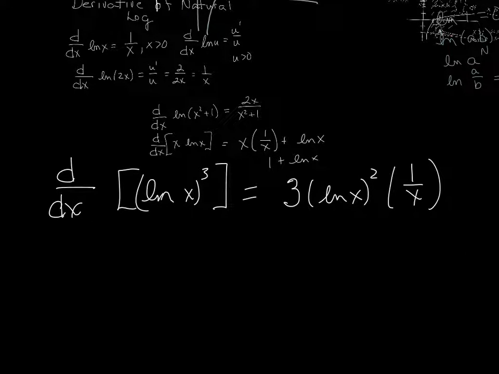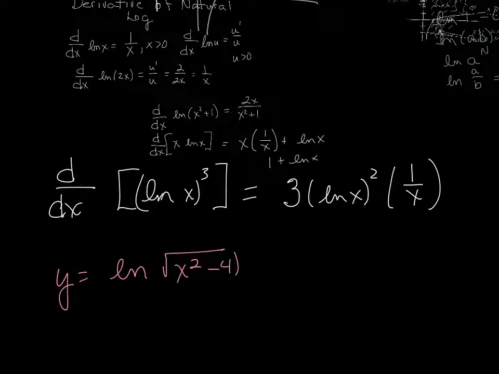Okay, so let's look at the derivative with respect to x of the natural log of the square root of x squared minus 4. How could you rewrite that? In fact, let me just do this. y equals, and we want to find the derivative.